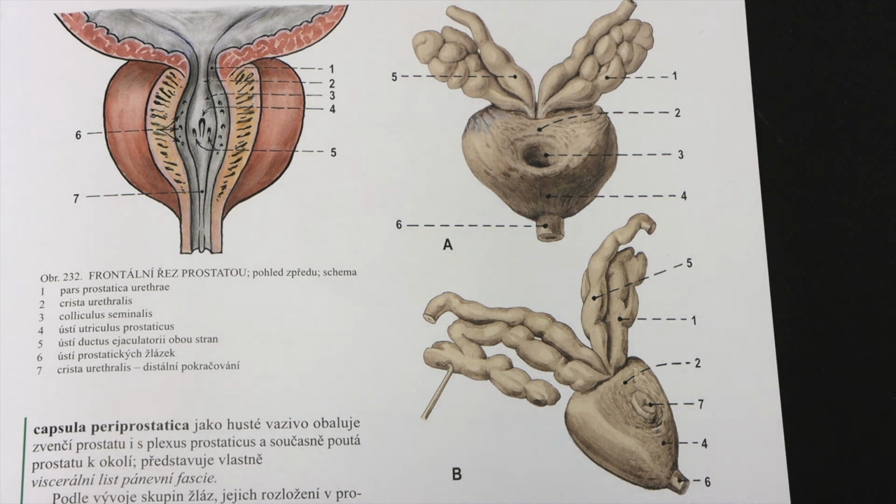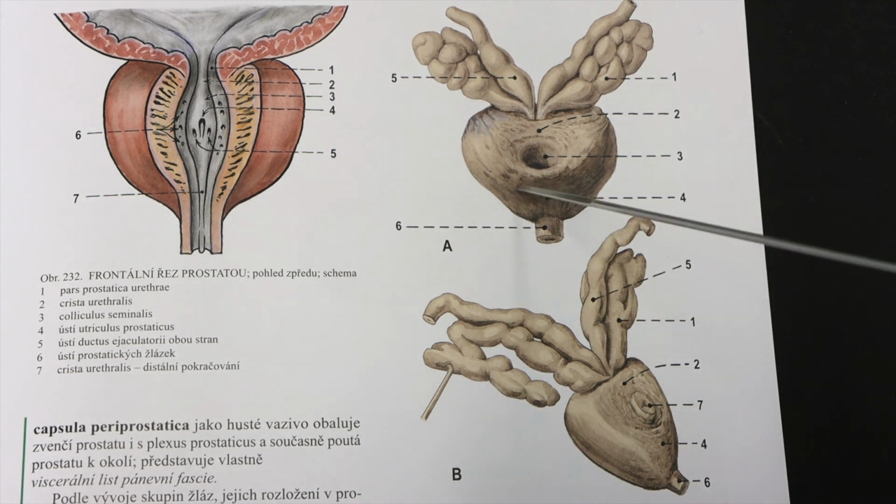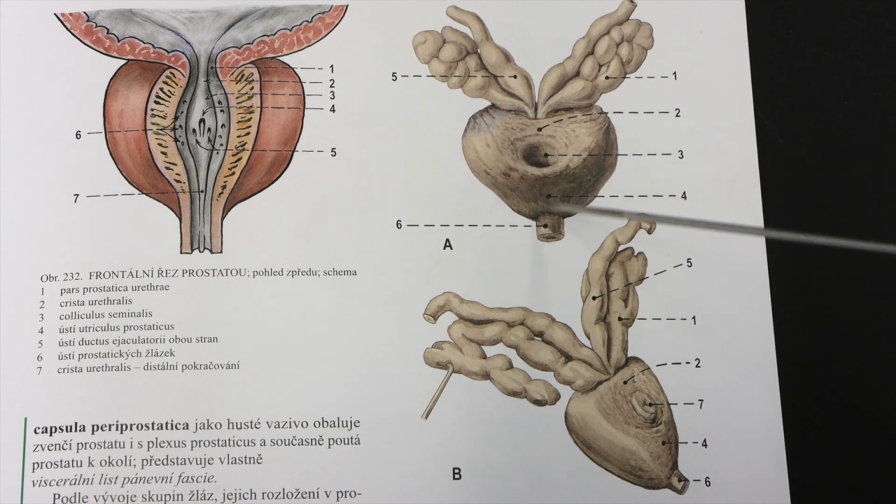So this is the part that is vice versa to the urinary bladder, where the apex is going antero-inferiorly and surrounding the urethra.